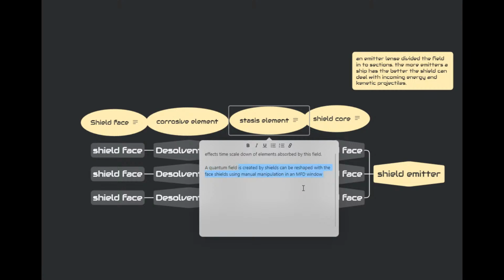Quantum field is based on energy coming from 33% power draw. So it's a third, 33 and a third. Power draw.